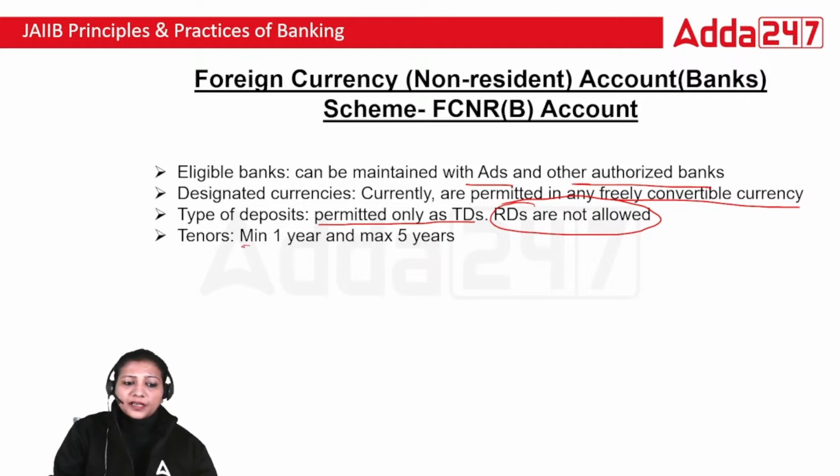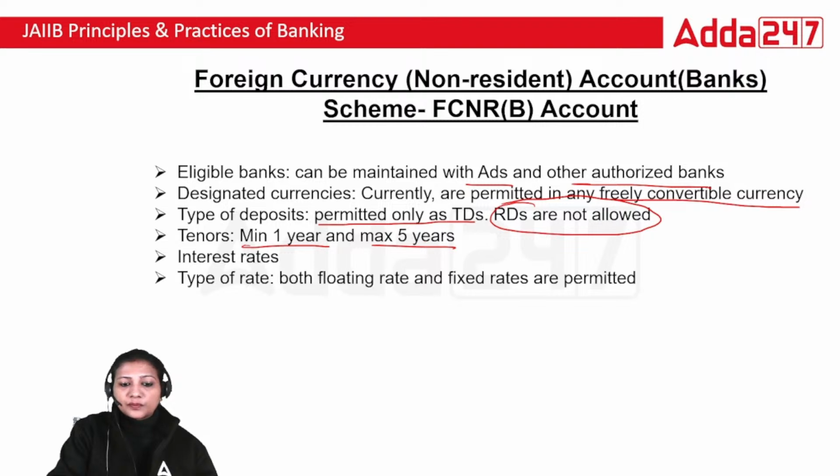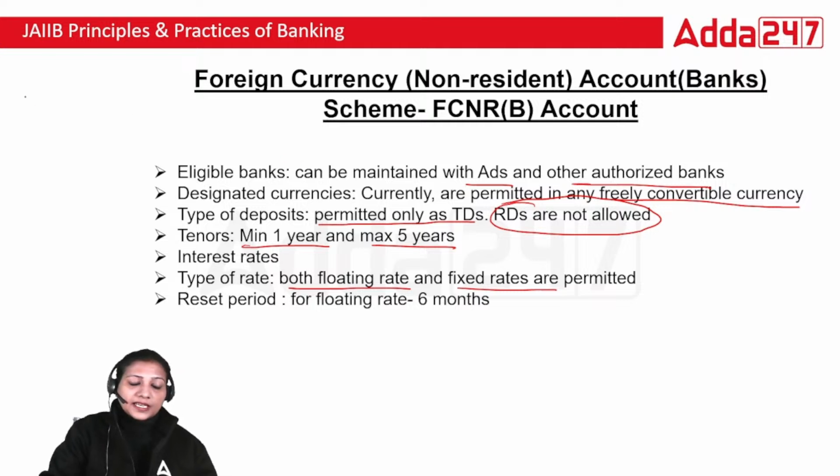Minimum tenure will be 1 year to maximum 5 years. In NRE also, it was 1 year. It should be minimum 1 year. But in case of FCNRB, maximum is 5 years. Interest rate payment: both floating rate as well as fixed rates are permitted. For floating rate, we all know that whenever a bank provides floating rate, there is a reset period.